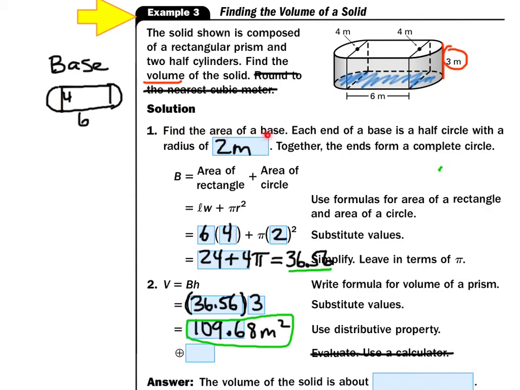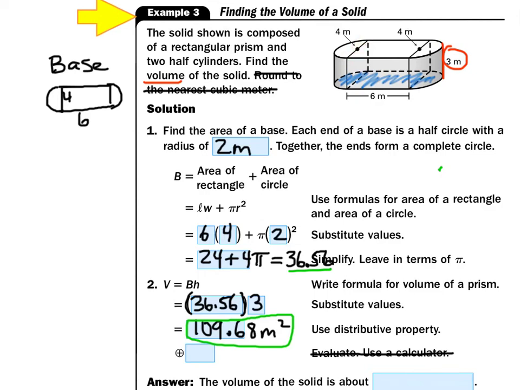So now we're going to find the area of the base. So the area would be a rectangle, and then half a circle plus half a circle makes a whole circle. So the base area is the area of the rectangle plus the area of a whole circle. So the area of the rectangle is just 6 times 4, so I put that there, and then I put a plus, and the area of a circle is pi times the radius squared.